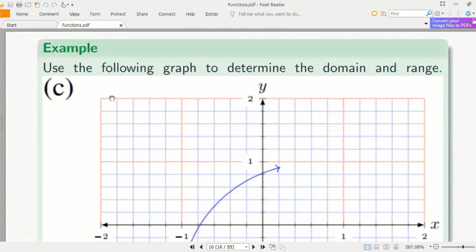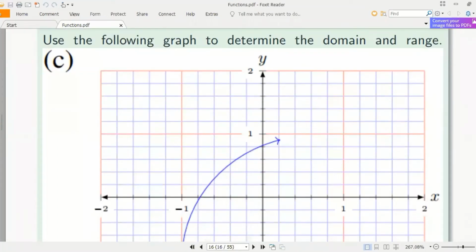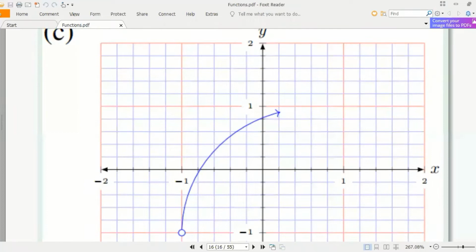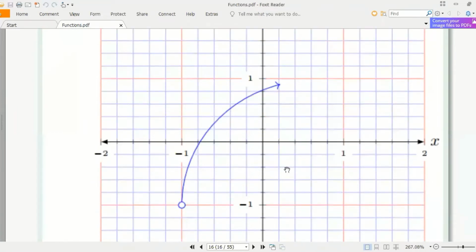There's this other graph here. We have to determine the domain and the range. Let me just look at the domain first. I want the x values. Yes, I can see that this ends here. This is where it ends. And here it's still going because of the arrow. So what is the lowest x value?